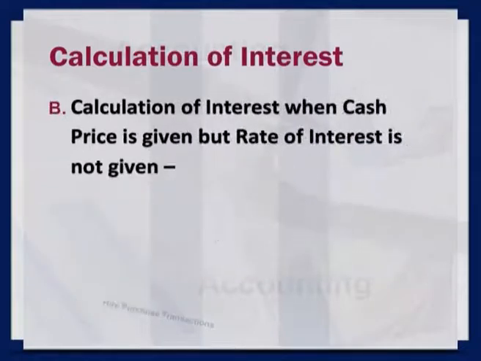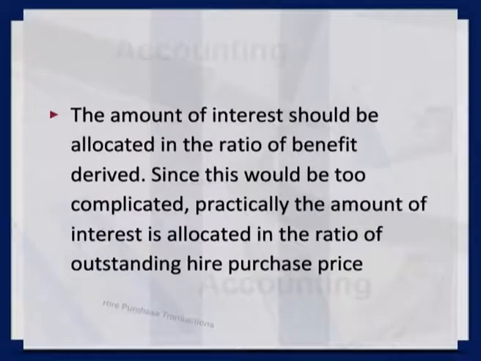Next is calculation of interest when cash price is given, but rate of interest is not given. Mathematically speaking, the amount of interest should be allocated in the ratio of benefit derived, that is, outstanding cash price. Since this would be too complicated, practically the amount of interest is allocated in the ratio of outstanding hire purchase price.